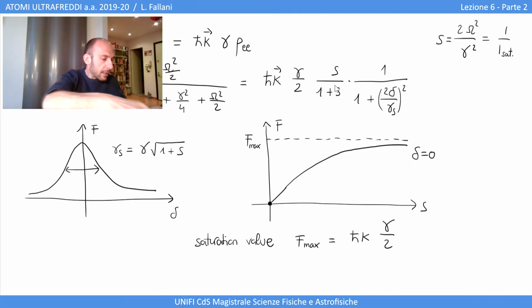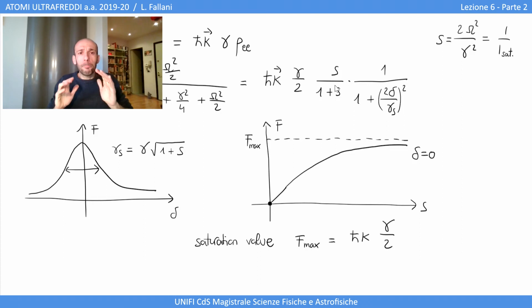These are the general characters of a spontaneous force or radiation pressure force. And we've also discussed this alternative derivation in terms of the absorption of photons, and we have seen how we can count them in the proper way by taking into account the process of spontaneous emission.